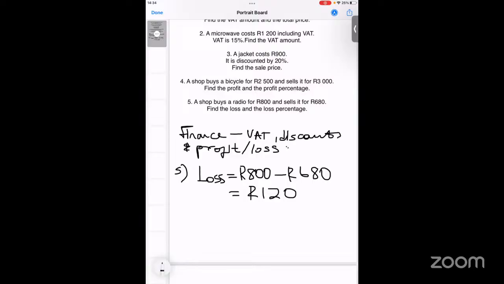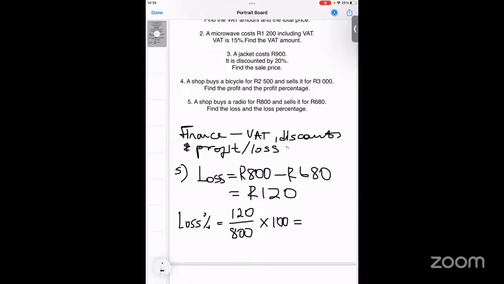Yes. So now you need to convert this to a percentage. Same calculation. So you will say loss percentage. In this case, it will be that 120 rands divided by that 800. You always work with the original amount. Then you multiply it by 100 because you want to convert it to a percentage.